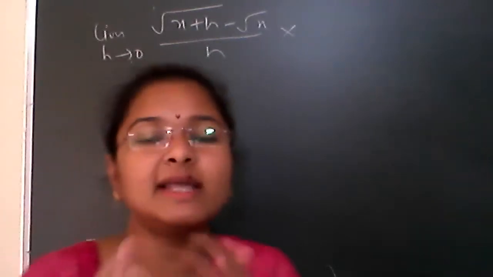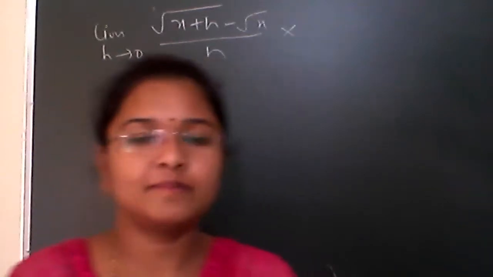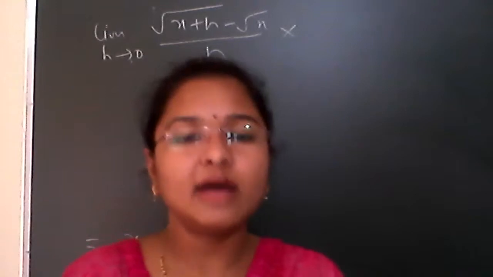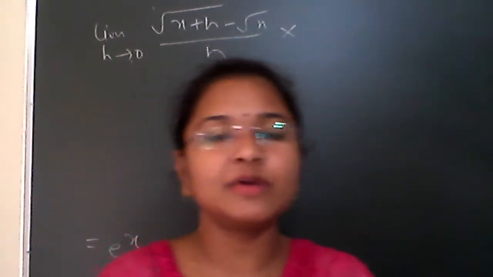See, we are rationalizing root x plus h minus root x upon h. So what is the rationalizing factor? Root minus root, it is there. Root x plus h plus root x. Very good. So we'll multiply and divide by root x plus h plus root x upon root x plus h plus root x.